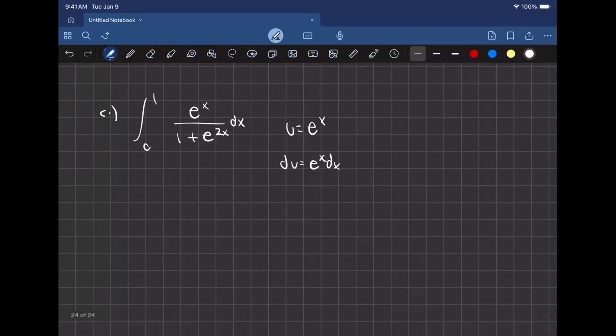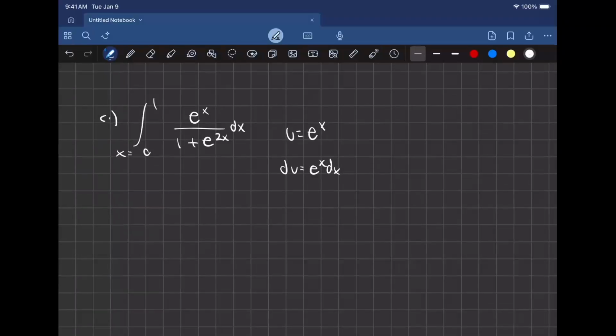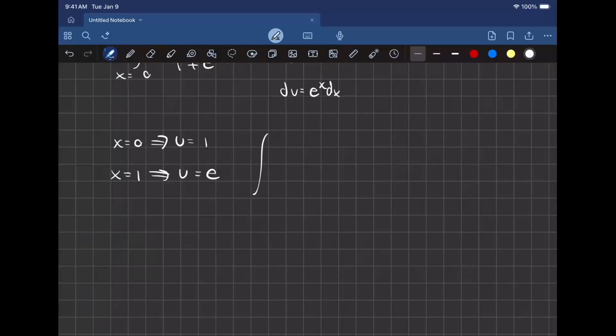And let's change our bounds. So we're going from x to u. When x equals 0, this means u equals e to the 0, which is just 1. When x equals 1, u equals e to the 1, which is just e. So now we're integrating from 1 to e of 1 over 1 plus u squared du.